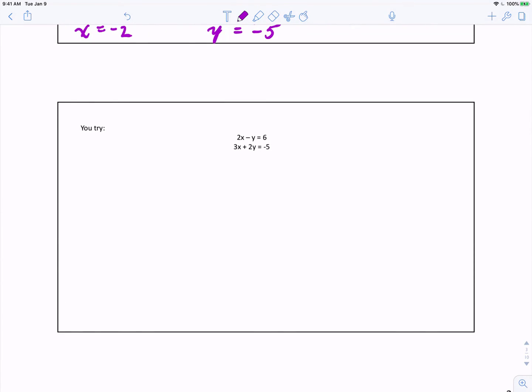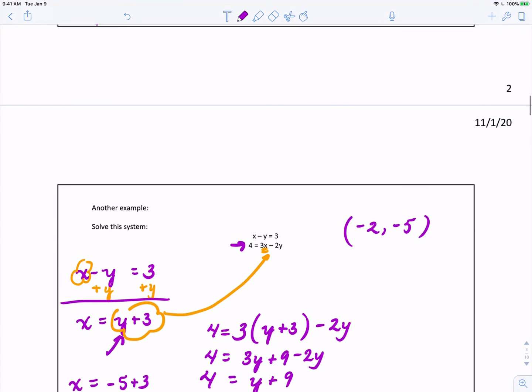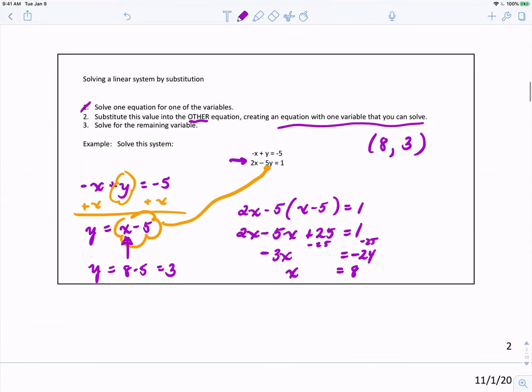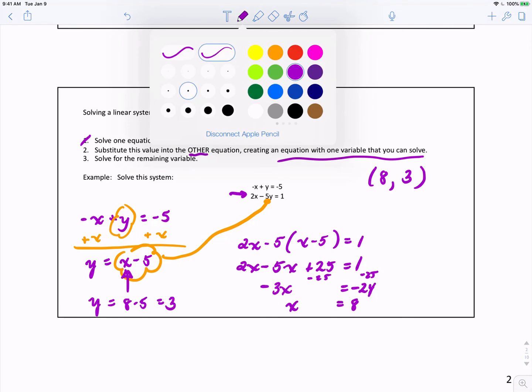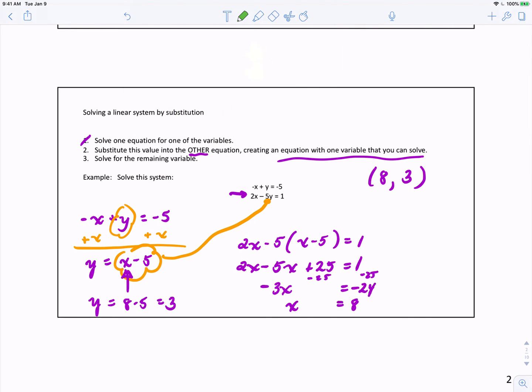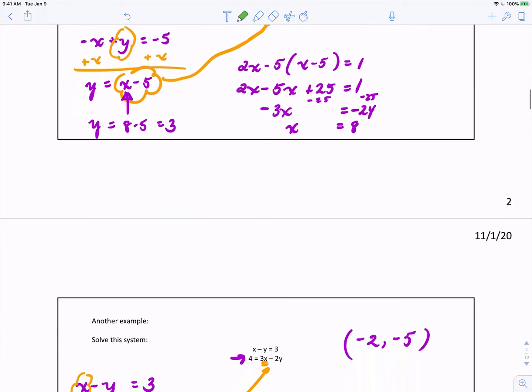Here's one for you to try. Well, before you start that, let's talk about how you make this first selection. When it says to solve one of the equations for one of the variables, always pick an easy variable to solve for. We're looking for a variable whose coefficient is 1. Easy variables to solve for in the first system would be this x or y.